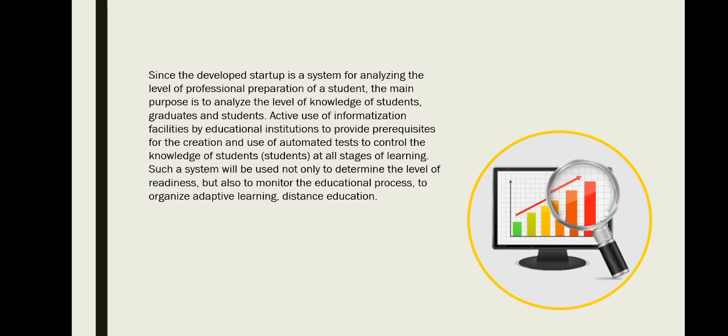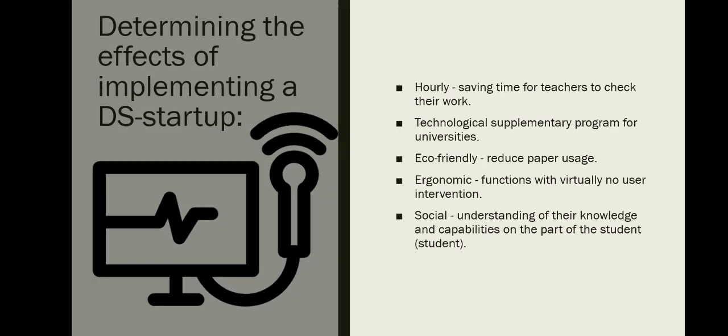Active use of informatization facilities by educational institutions provides prerequisites for the creation and use of automated tests to control the knowledge of students at all stages of learning. Such a system will be used not only to determine the level of readiness but also to monitor the educational process and to organize adaptive learning and distance education.